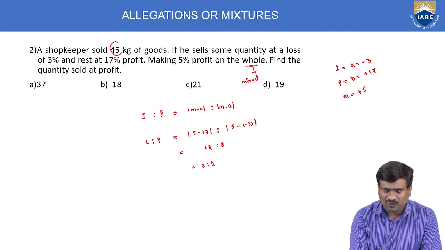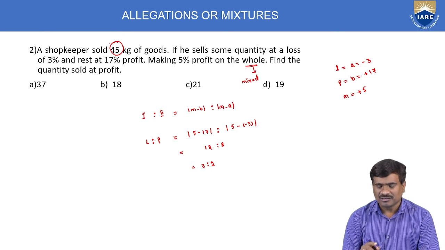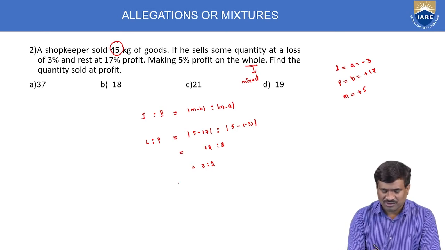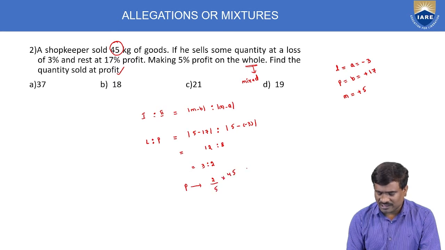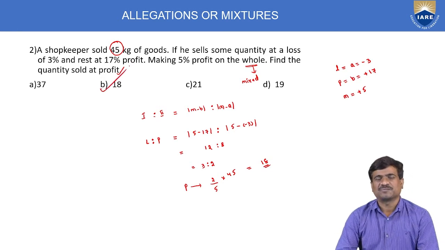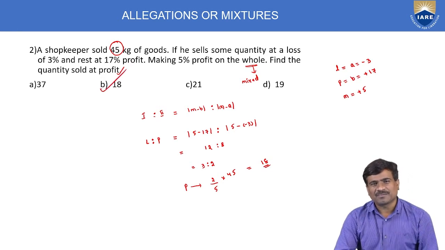Total quantity is 45 kg, ratio 3 is to 2. Find the quantity of profit. Profit quantity is equal to profit by total quantity into 45, which is equal to 18. Option B only is correct.